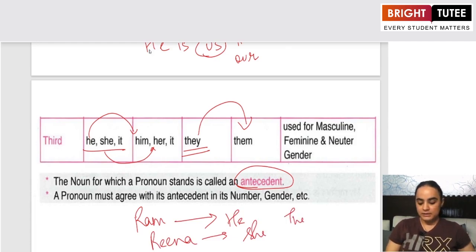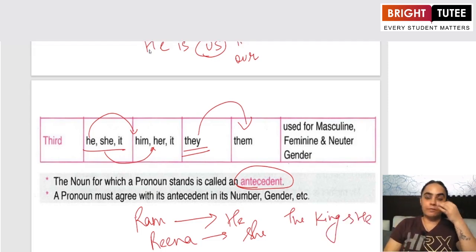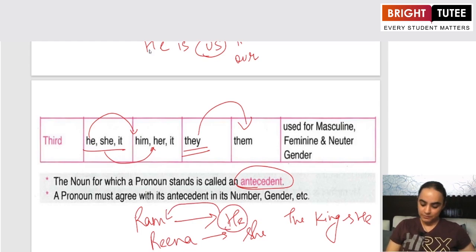If I'm replacing the king with he, again, the king is the antecedent. So, antecedent refers to the noun which the pronoun is representing, and your pronoun should always agree with your noun. Obviously, if my noun is male, I cannot use she. My noun is female, I cannot use he, and so on and so forth.